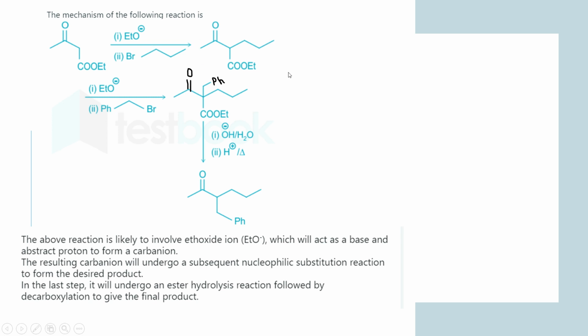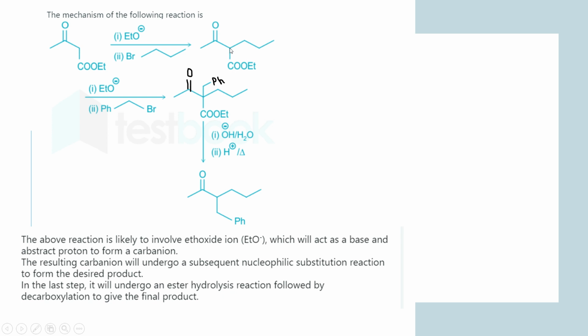So fair enough, till now we are here, and in the next step we are again treating this product with ethoxide base. So similarly, it will again abstract the acidic proton which is present here, isn't it? Because this proton, if it is abstracted, the carbon ion is stabilized in both the ways. This proton is from an active methylene compound proton.